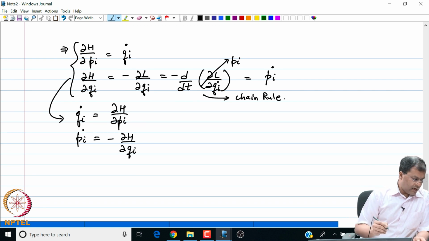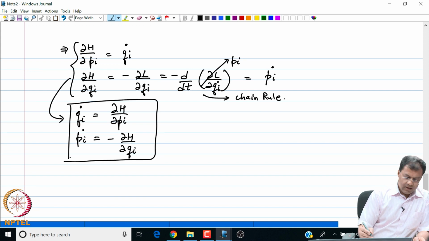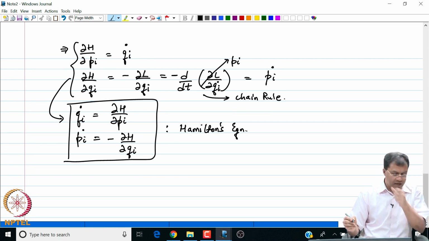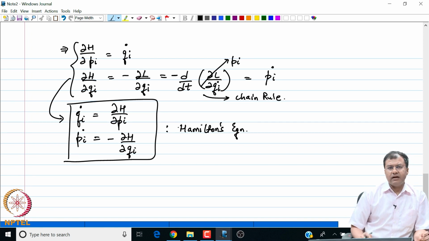So that is my set of two equations, and I call this Hamilton's equation. These two are the relations that we were after.